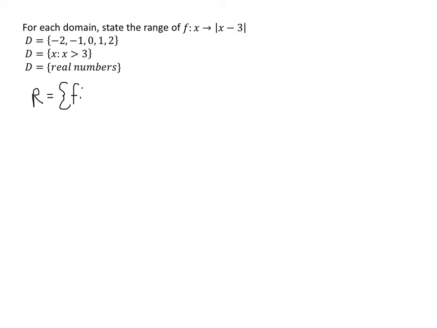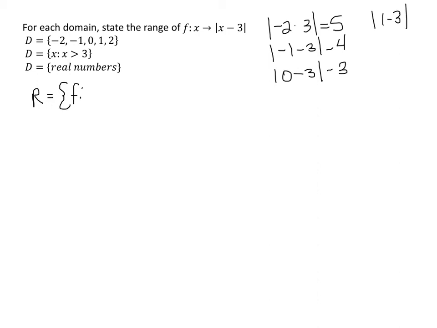-2 minus 3, and we're looking at an absolute value, is equal to 5. -1 minus 3 would be 4. 0 minus 3 would be 3. 1 minus 3 would be 2. 2 minus 3 would be 1.